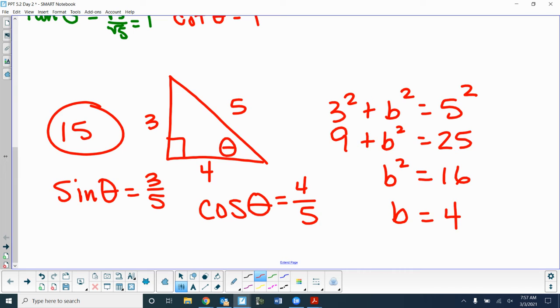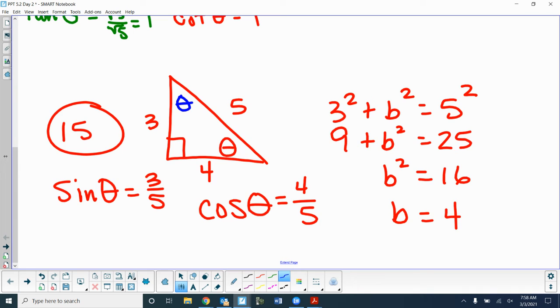18's like that. They tell you the tangent's 4 over 3. You have to find the secant. Again, it's a 3, 4, 5. So, our picture, if the tangent of theta is 4 over 3, theta would have been moved up to here. Opposite 4 over adjacent 3. The hypotenuse is 5.